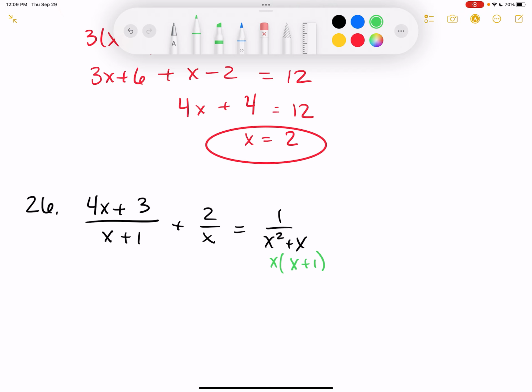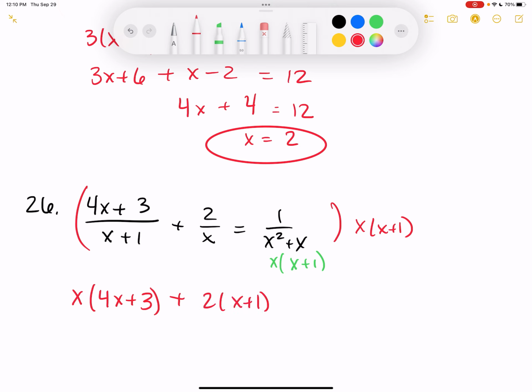So I need to multiply by what? Over here, the x plus 1s are going to cancel, so I have x times 4x plus 3. On the next part, the x's are going to cancel, so I have 2 times x plus 1 equals, the bottom's completely going to cancel, so it's just equal to 1.